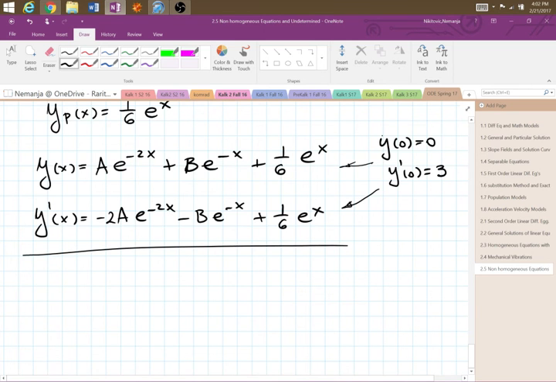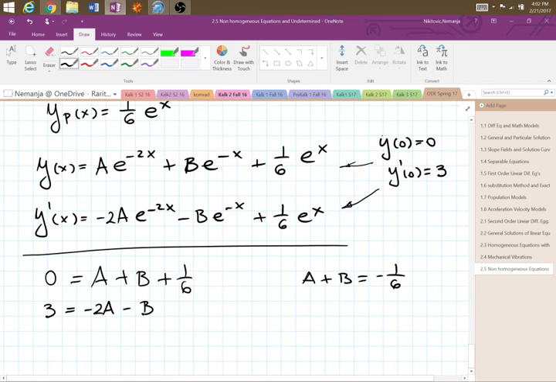So now 0 is equal to a plus b plus 1 over 6. So we have the first equation, a plus b is equal to negative 1 over 6. And then the second one is 3 is equal to negative 2a minus b plus 1 over 6.